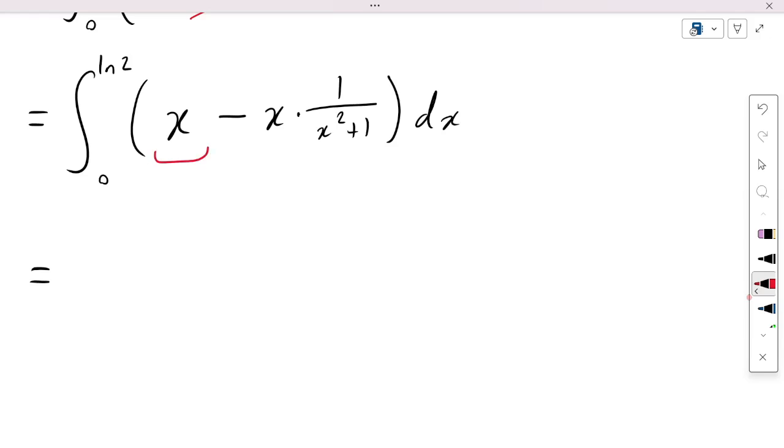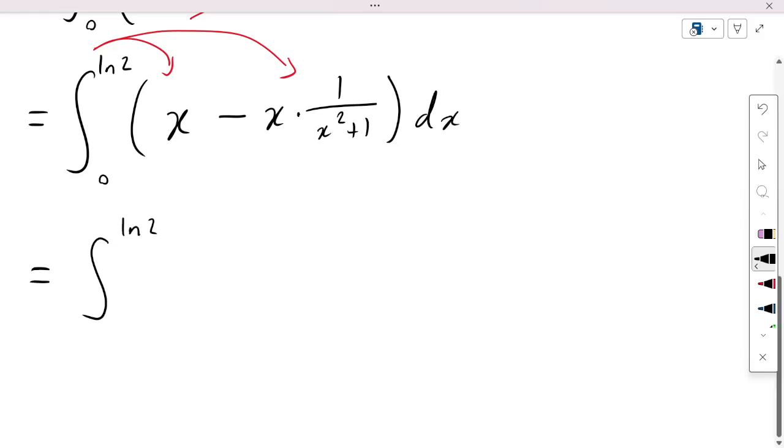This is a term and this is also a term. It's separated by the subtraction sign. So therefore, we can take the integral into the x and the integral into that. So therefore, it will be the integral of natural log of 2 and 0 of x with respect to x minus the integral from 0 to natural log of 2.